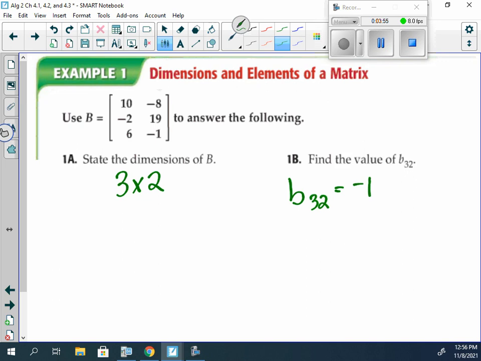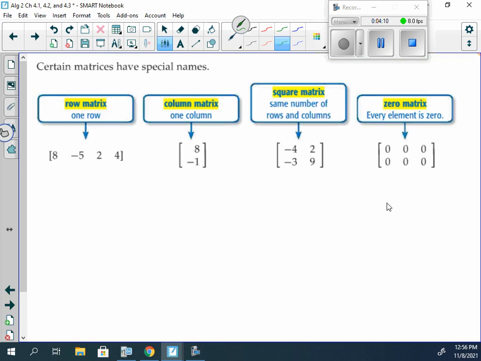Which would be, because third row, second column would be negative 1. Questions on this here? Now, I think y'all feel pretty good with those there.